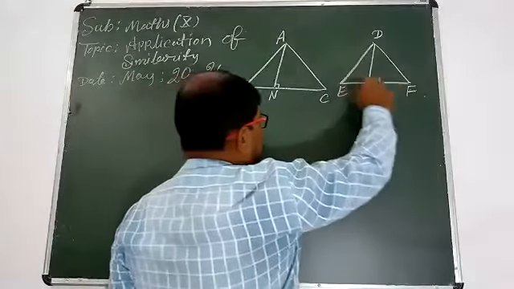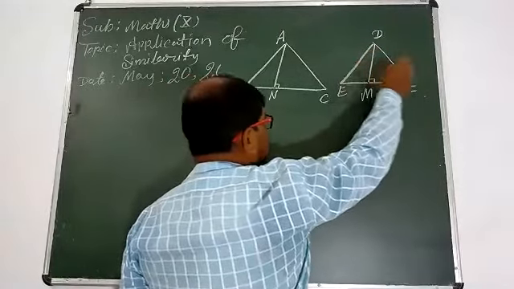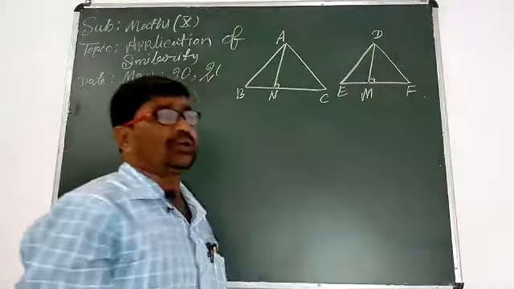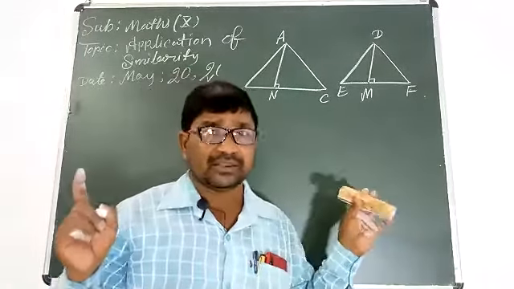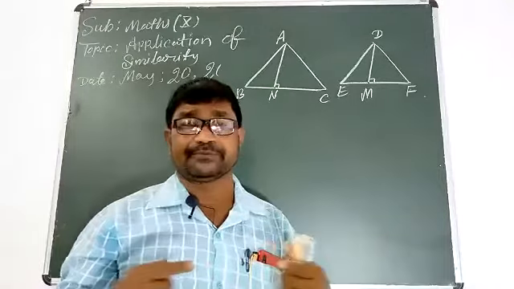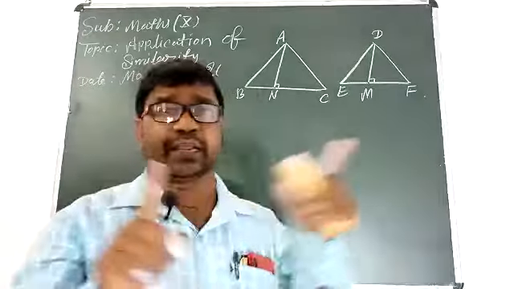And in triangle DEF, angle D equals angle E equals angle F equals 60 degrees also. So these two triangles are equiangular.